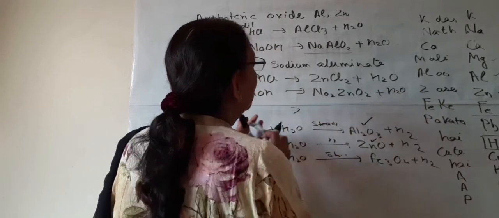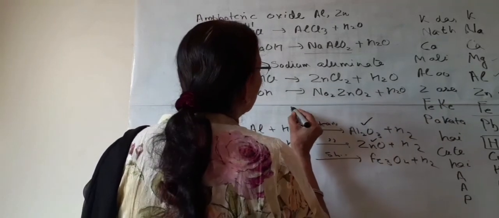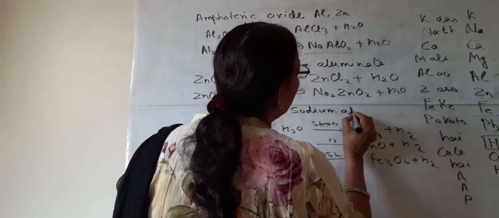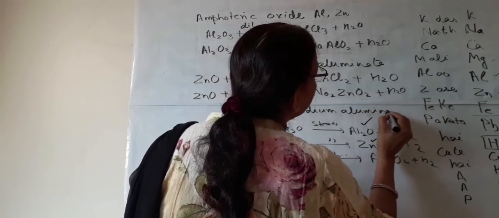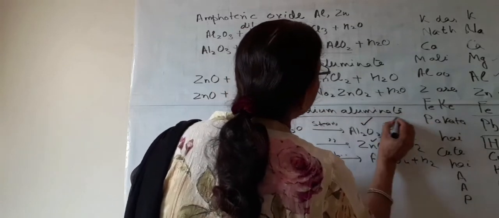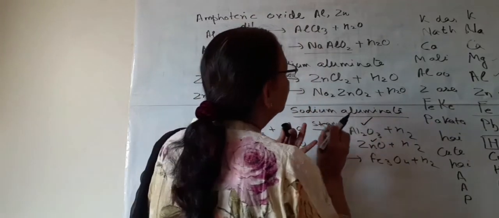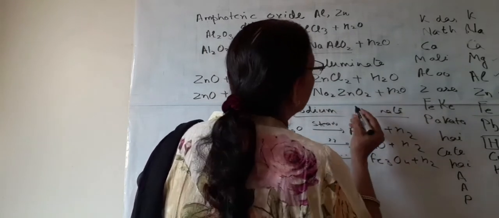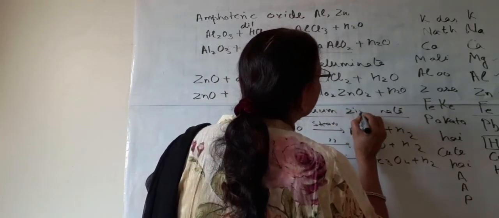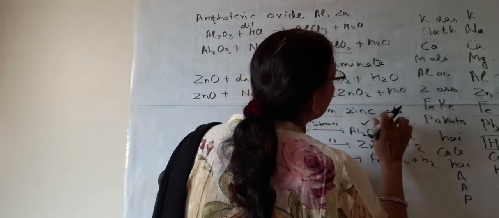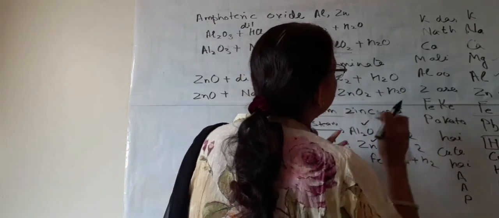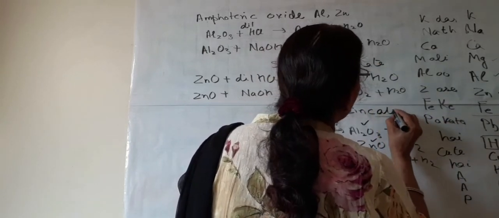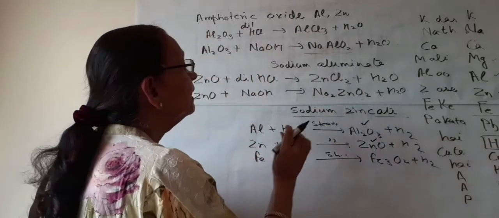The name of this compound is sodium zincate. The earlier one was sodium aluminate and this is sodium zincate.